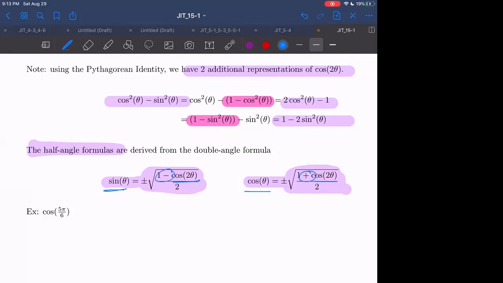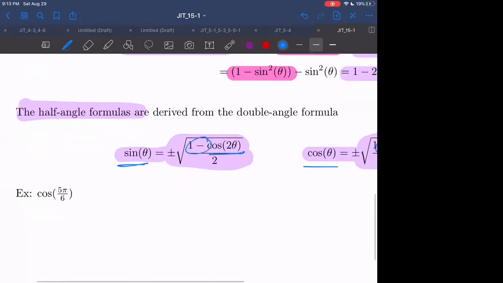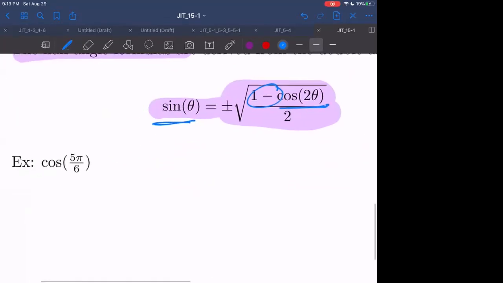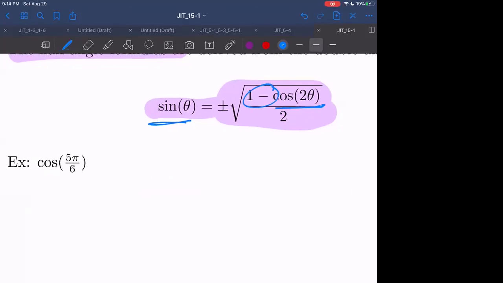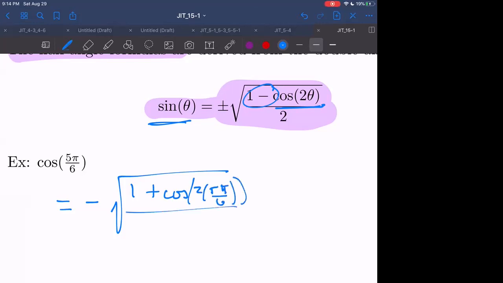All right, so we can use our half angle formula to find what cosine of 5 pi over 6 is, for an example. So if we apply our half angle formula to cosine of 5 pi over 6, we get negative square root of 1 plus cosine of 2 times 5 pi over 6, divided by 2.